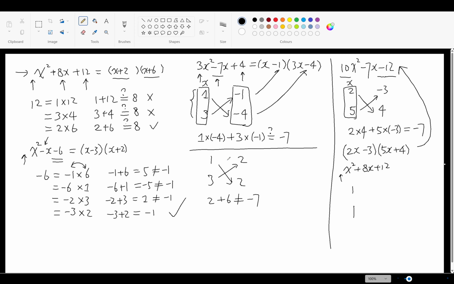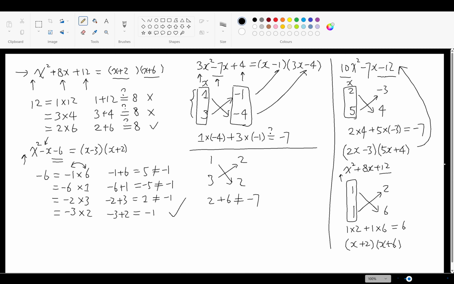And then we factorize the constant term to 2 multiplied by 6, and then we still do the cross multiplication, and then we sum them up. We got 1 multiplied by 2 plus 1 multiplied by 6, and we got 8. And then the first column will be used for the coefficients of x. So we got x plus 2 multiplied by x plus 6.